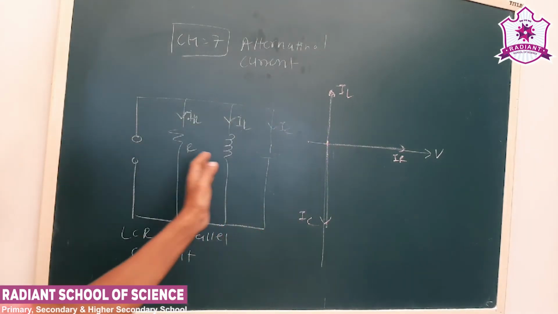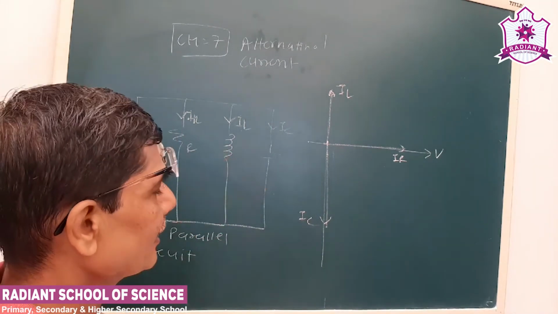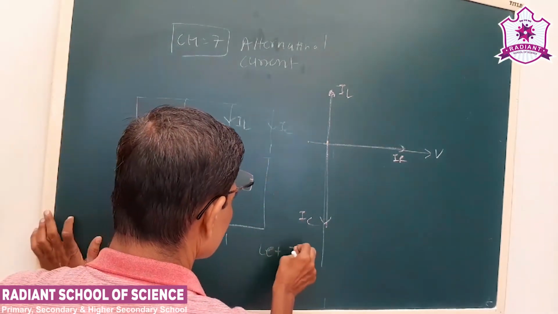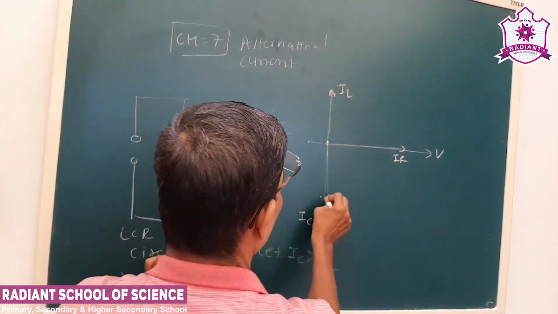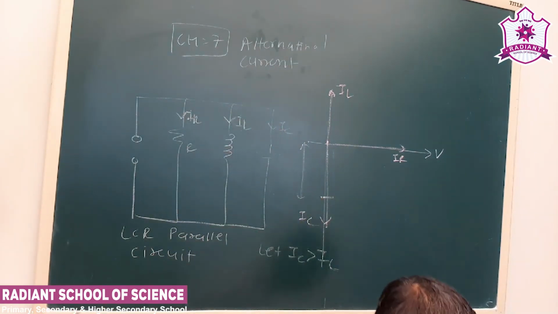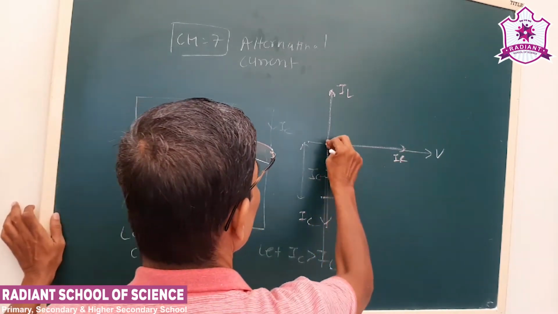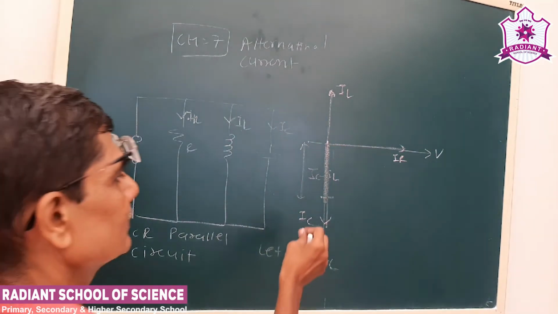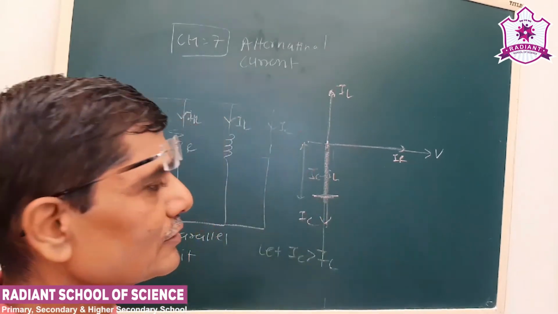If I write in terms of RMS, we have to represent it like this. So here IL and IC are in opposite phase. For example, let us say IC is larger. Then the net value of IL and IC will be IC minus IL. So we can subtract.